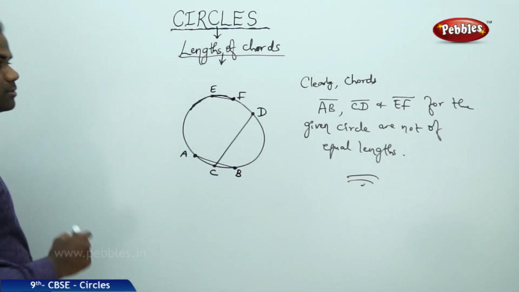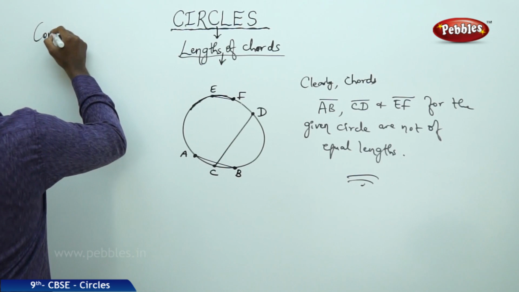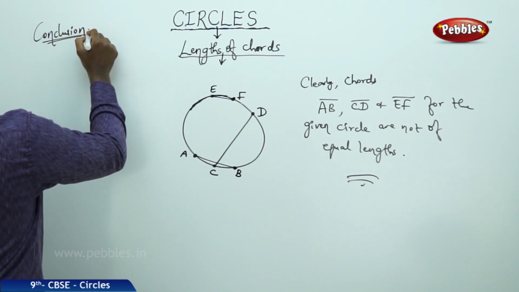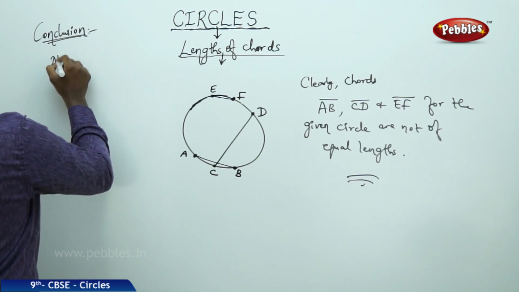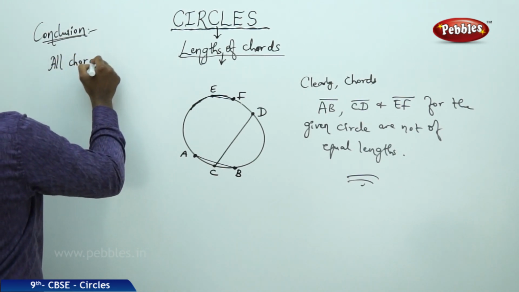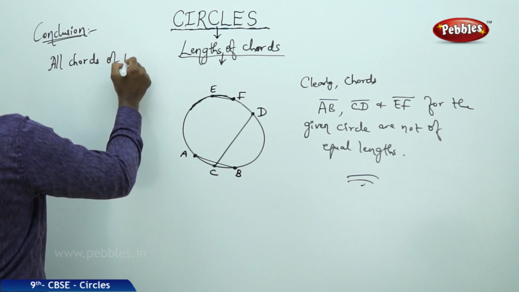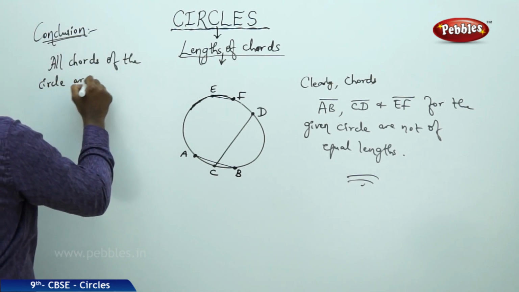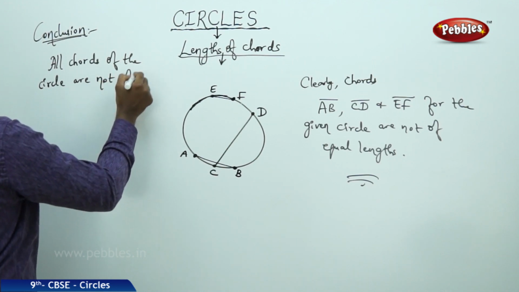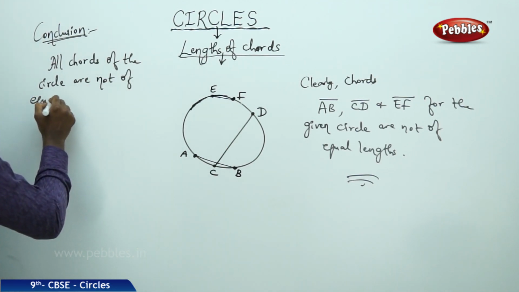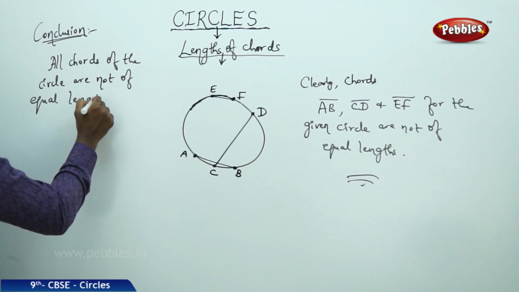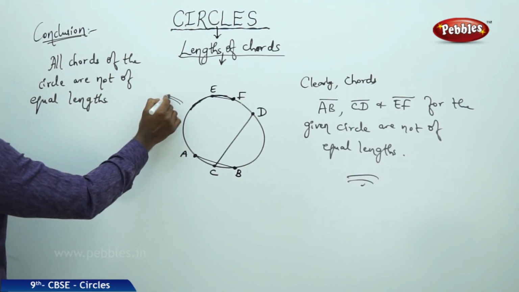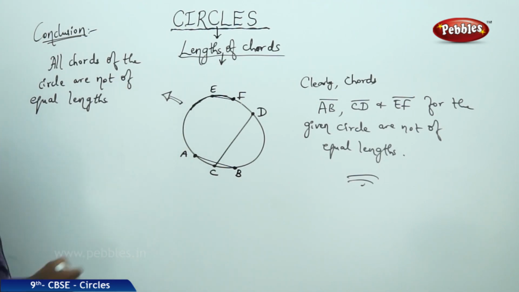Therefore, I conclude all chords of the circle are not of equal lengths, is how I conclude for the circle.